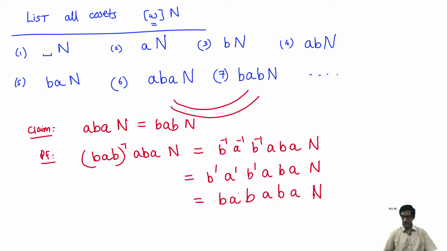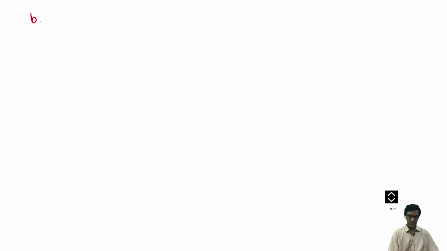Okay, now look at this word here, BA, BA, BA. What is BA, BA, BA? That's just the word BA cubed. Okay, so I claim that this word BA cubed is actually in N. Okay, how do we see this?